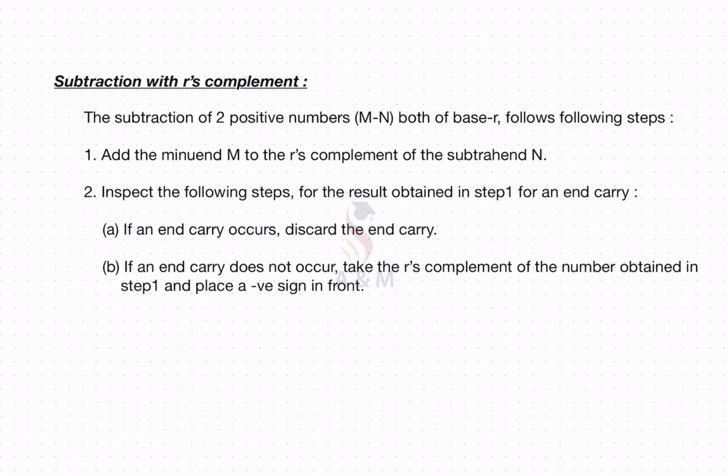Subtraction with r's complement. The subtraction of two positive numbers, that is m minus n, both of base r, follows the following steps. First one, add the minuend m to the r's complement of the subtrahend n. That is, we have to take the complement of n and then add it to m.